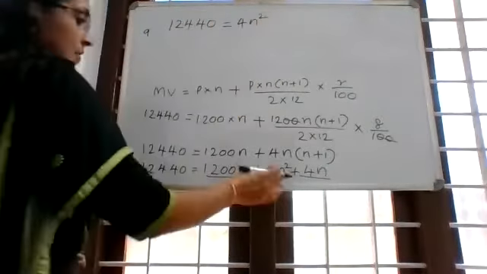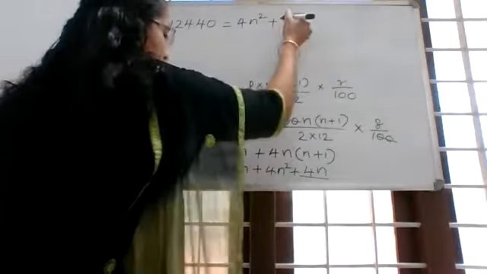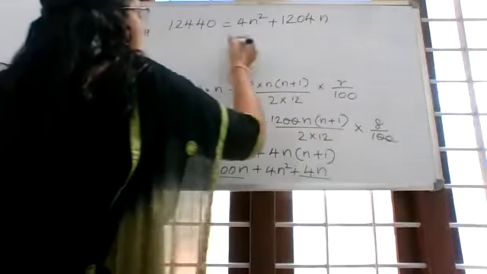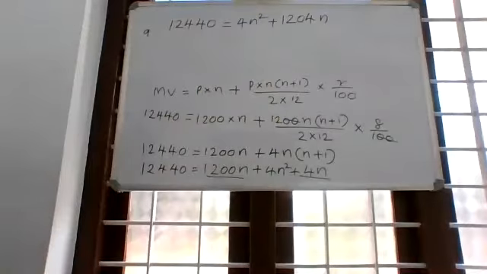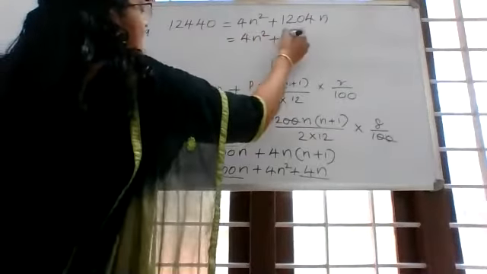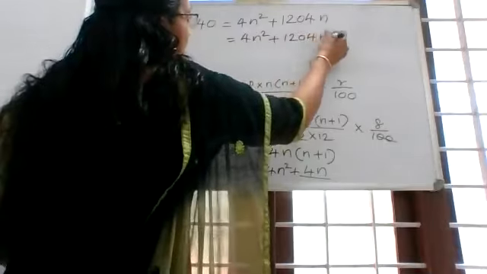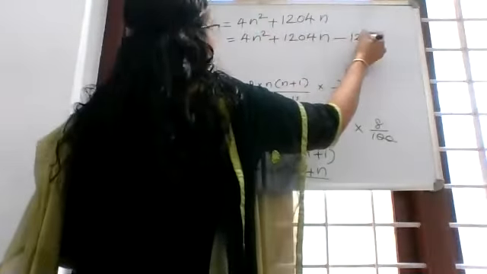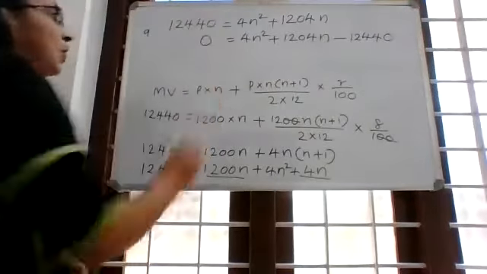We can write first N square, then 1200 plus 4N is 1204N. Then next what we want to do? 4N square plus 1204N, then this will become minus 12440 is equal to 0.